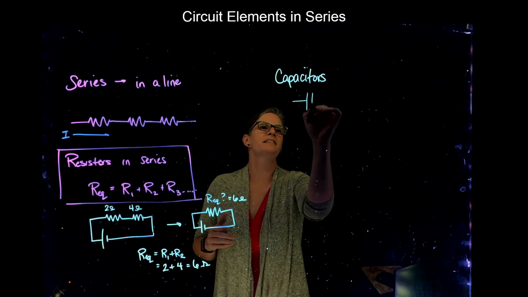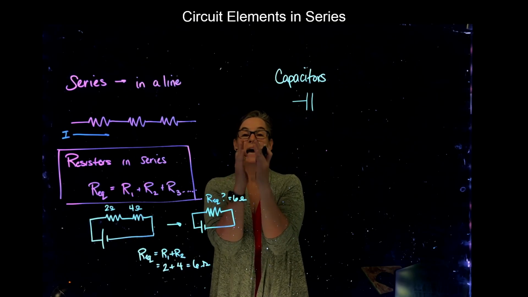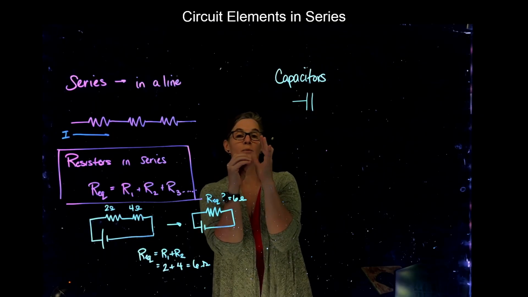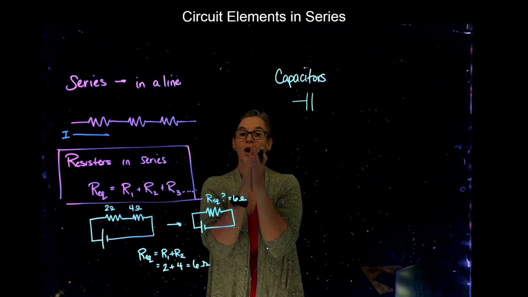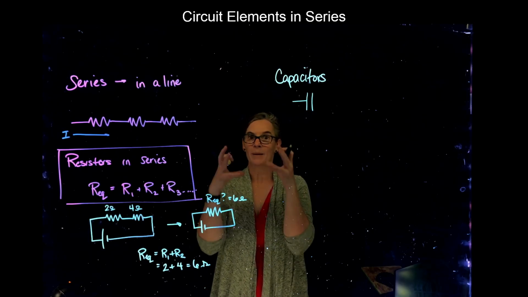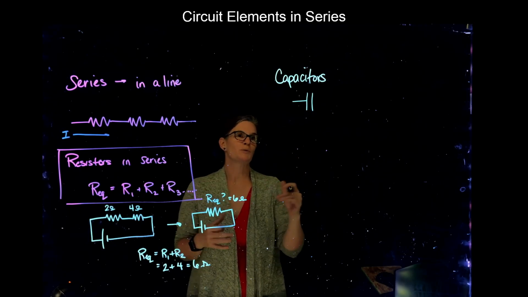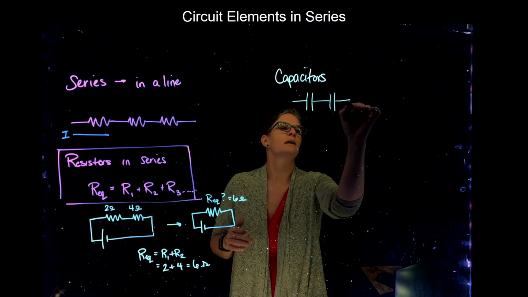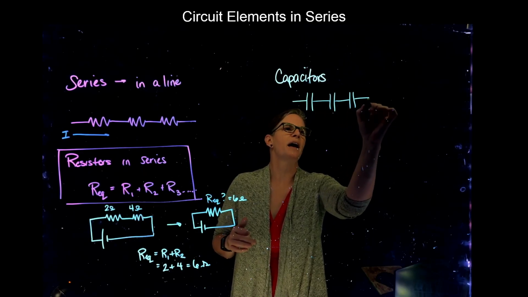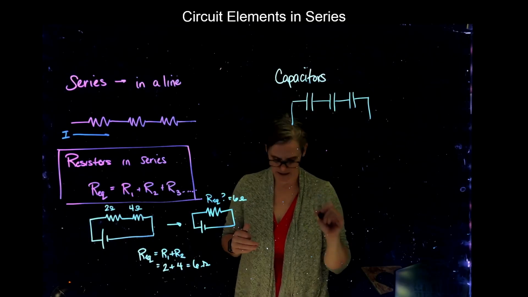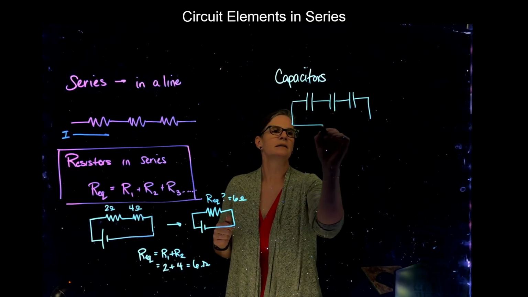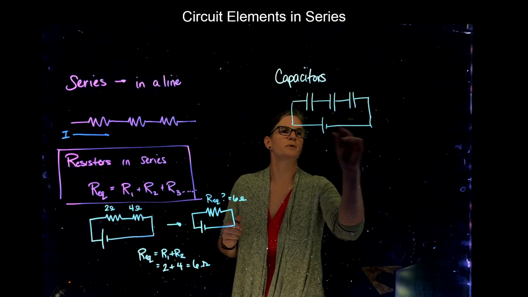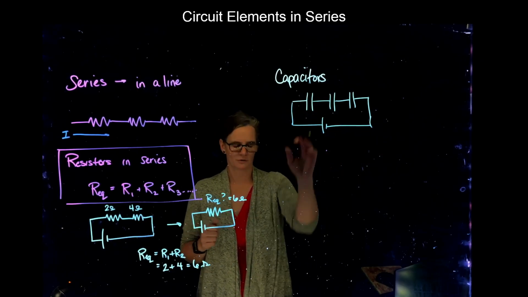A capacitor in a circuit is two lines, not like a battery where one's shorter and one's longer, but both lines are of equal length. Why? Remember, we charge those plates up equally on both sides. So there's our capacitors in series. Now let's put my voltage source on there. Notice the difference: long and short for the battery, two of the same length for the capacitor.